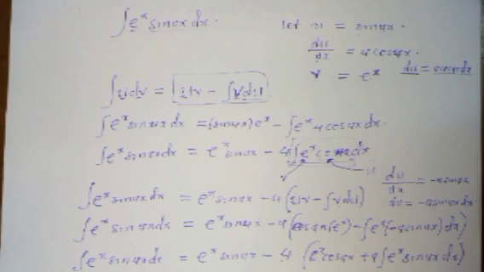Then for the integral, we pick e to the power x and it will be integrated as e to the power x again. Whenever you plug into the formula, you will reach the second part there, e to the power x sine 4x minus the integral of e to the power x times what we got from differentiating, following the formula.